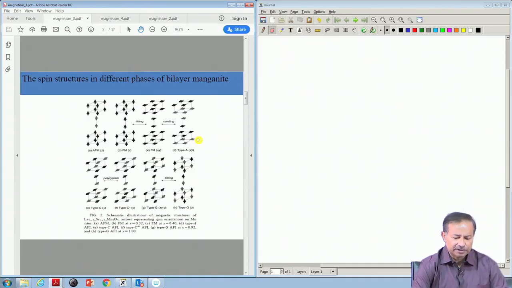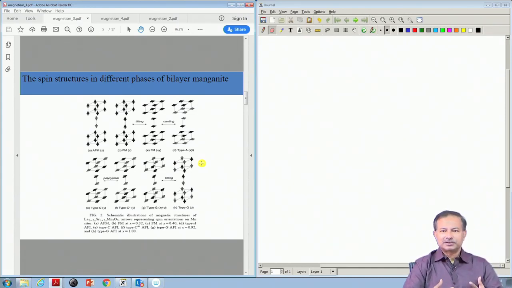So, how do we find out these states? For example, this is another one in bilayer manganites. These are complicated spin structures. There are two cubes, one on top, one below, and in between there are two spins, and all these arrange in so many different ways. These are of course what nature gave us, and one has to understand these structures starting from a microscopic theory.